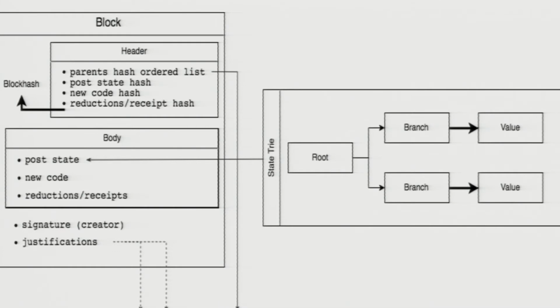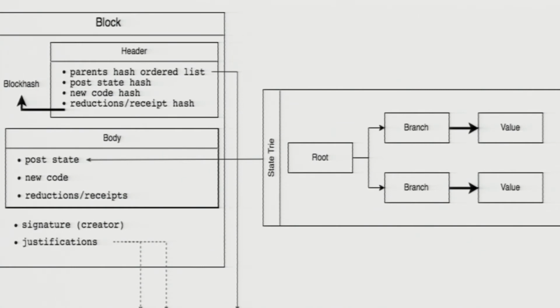There will be a new code. Essentially, this is the deployments that will occur in that block. And so if you're familiar with Ethereum, this is very similar to the transaction trie that they have. Similarly, we will have a receipt or a reduction log. And this will be an execution DAG that represents a partial order of how things were executed or how the reductions were done in the block.